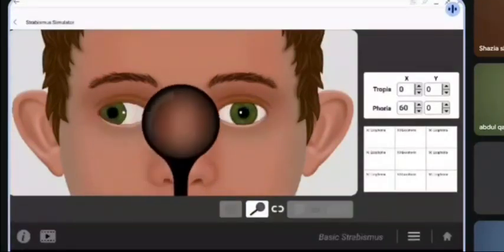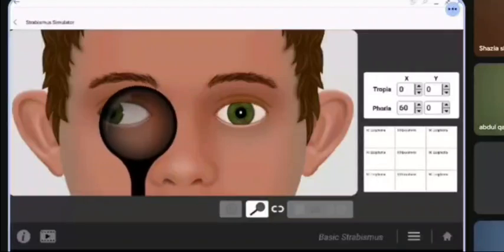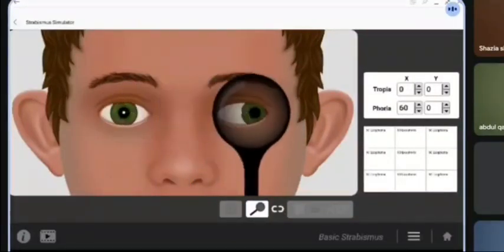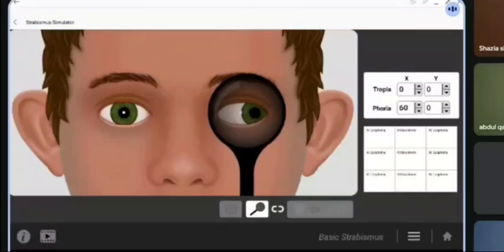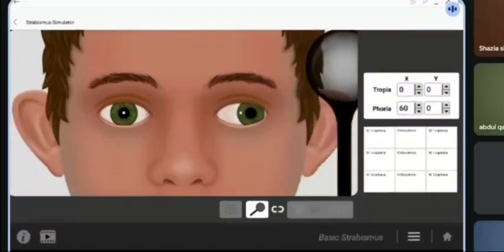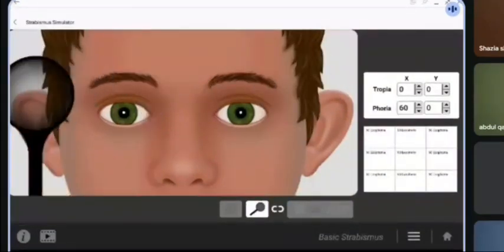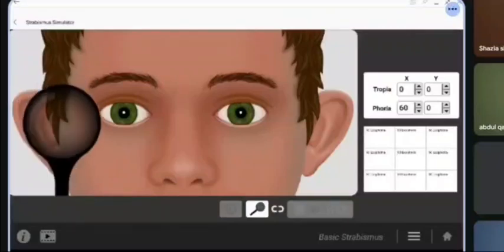You can see both eyes are deviating and taking fixation from the center. And immediately when I allow them to take fusion, the eyes come back to normal. So this is what happens in your cover-uncover and alternate cover tests. Hope this is understandable and how we can measure it.